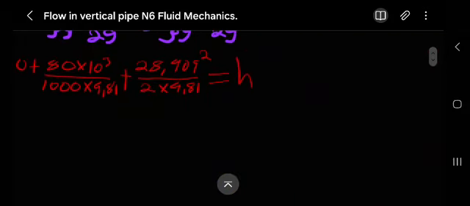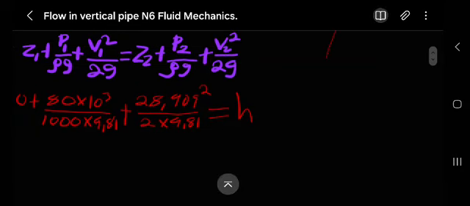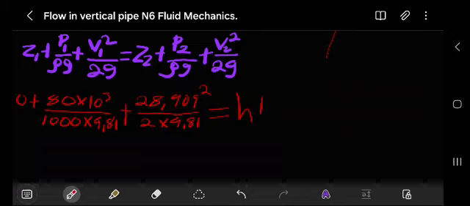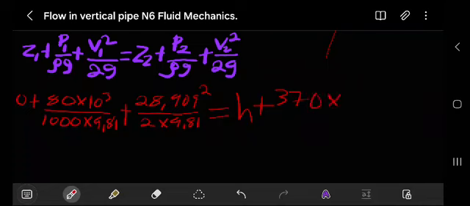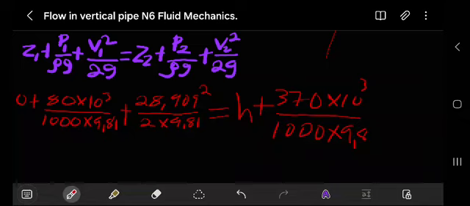It's a matter of substituting, plus pressure 370 kilopascal, 370 times 10 to the power of 3 divided by 1000 times 9.81, right?